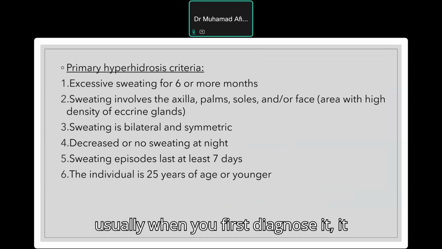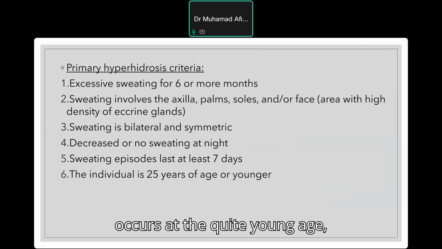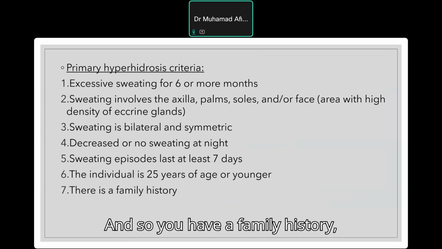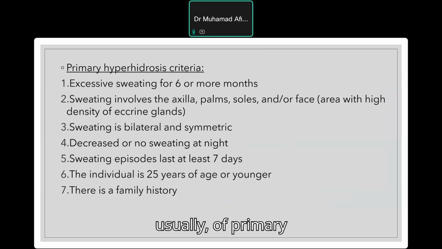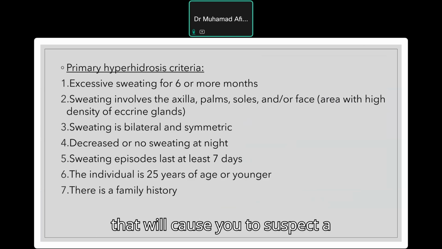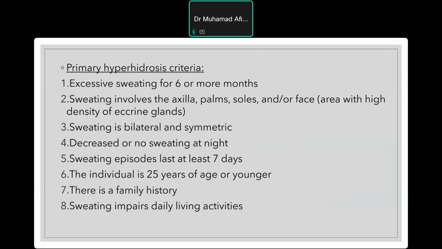And usually when you first diagnose it, it occurs at quite a young age, so 25 years or younger. And also you usually have a family history of primary hyperhidrosis. So this is the criteria that will cause you to suspect a person to have primary hyperhidrosis.